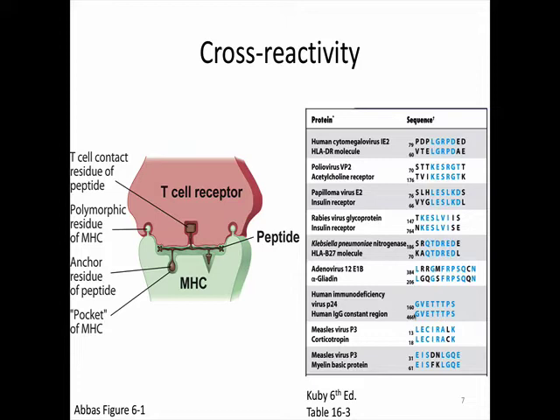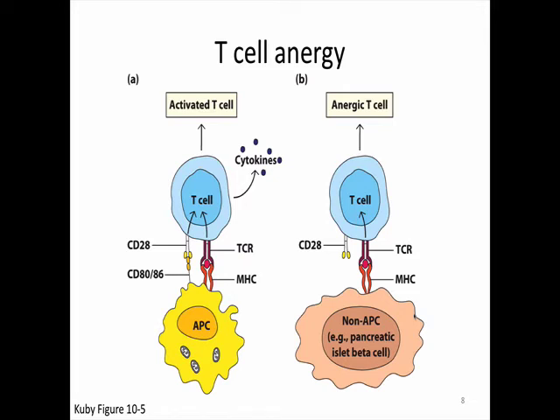But there's still a lot of danger involved. You can still imagine, well, yeah, but why doesn't that T cell make a response to the insulin receptor and give me diabetes or something like that? And this all comes back to signal 2 and T cell anergy.